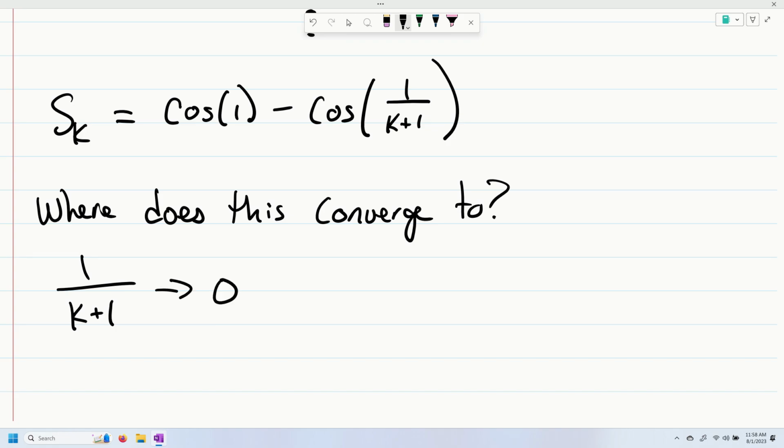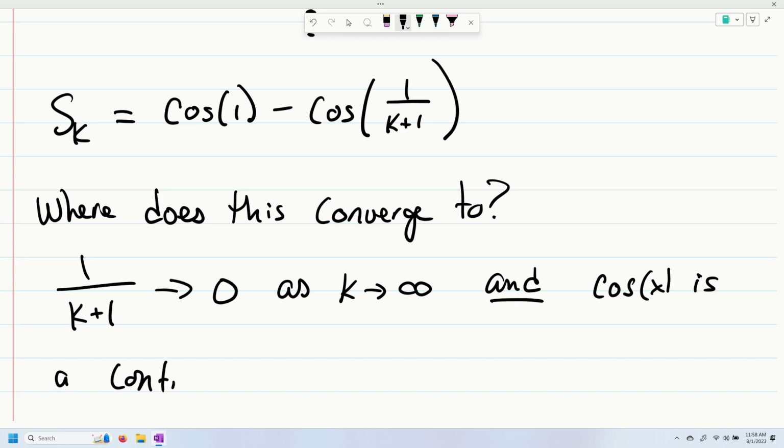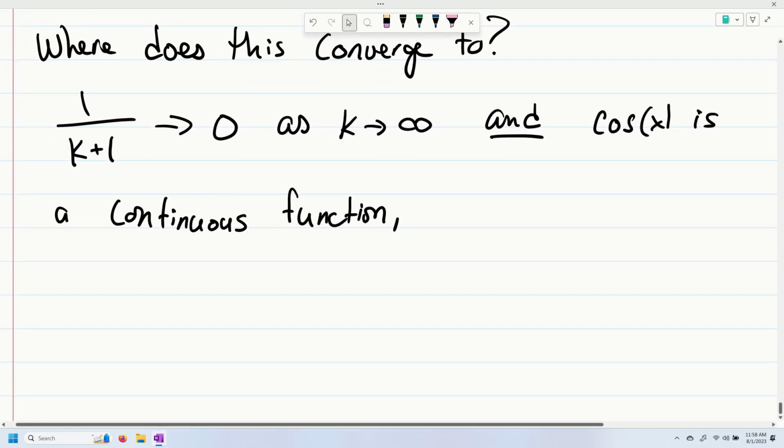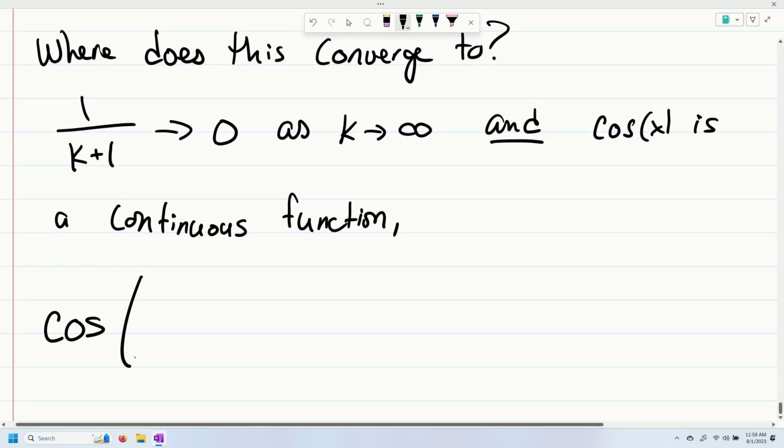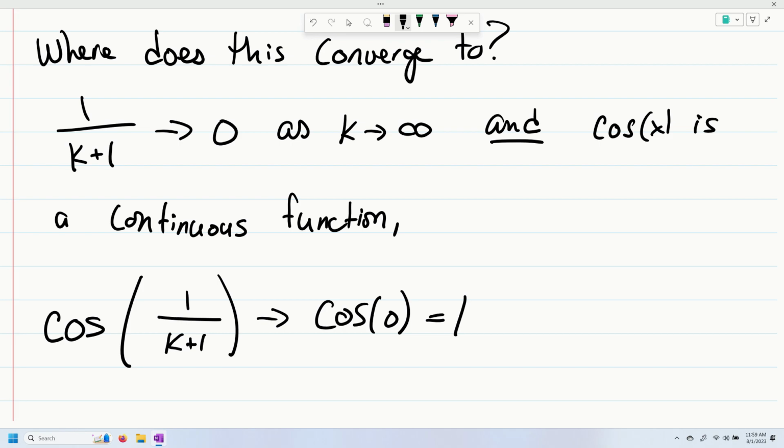Since 1 over k plus 1 goes to 0 as k goes to infinity, and cosine of x is a continuous function, the cosine of 1 over k plus 1 goes to the cosine of 0, which is equal to 1.